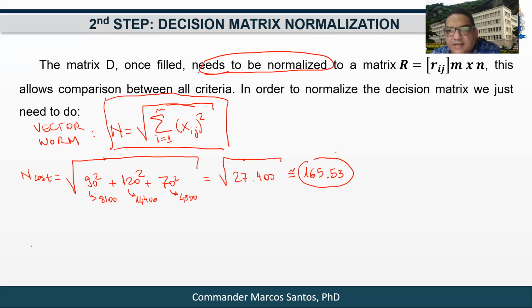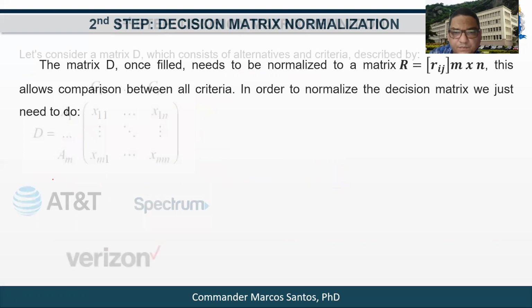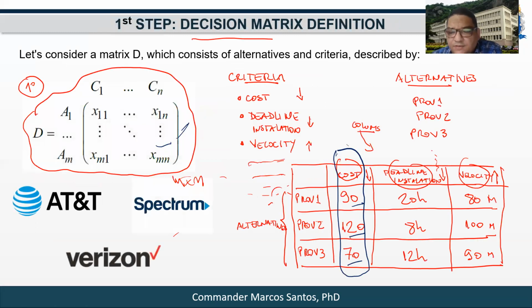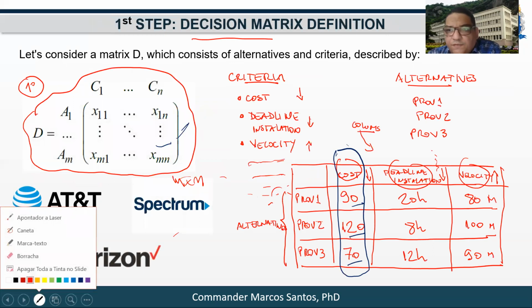And the next is the deadline vector norm. Let's come back a moment. Follow my train of thought.